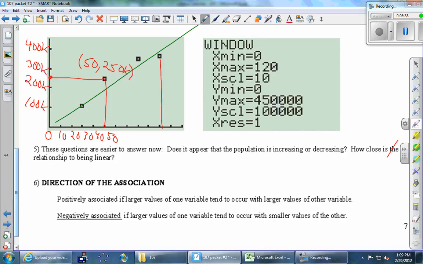What variable is down there? It's time, it's years. And what variable is over here? That's population. And was it true that they both were big at kind of the same point? Yeah. And said another way, positively associated just means increasing. That's all that it means. So we'll translate. We'll just say that this just means increasing, and this one just means decreasing.